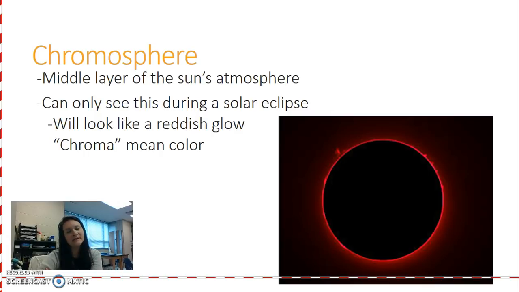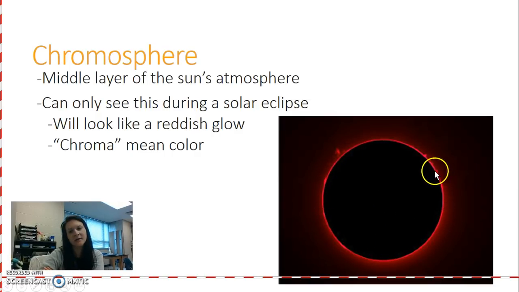So in the process of this solar eclipse, sometimes we'll see this reddish kind of hue, this reddish color glowing around the sun, and this is the chromosphere. A way to remember this is chroma means color. So when we see that pretty red color kind of going all around the sun, this is clearly during an eclipse where it's being blocked out.